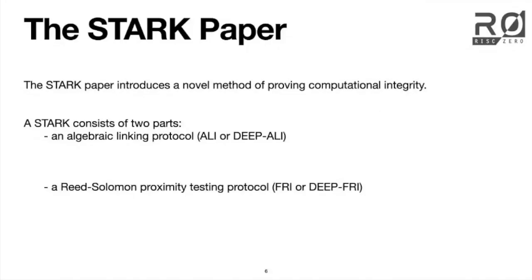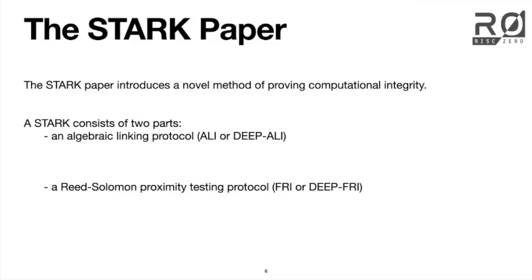The first part is an algebraic linking protocol. And the second part is a Reed-Solomon proximity testing protocol. And I'm just going to leave those as black boxes. I'm not going to talk about what an algebraic linking protocol is at all today. We'll talk a little bit about the idea of a Reed-Solomon proximity testing protocol, because that's what FRI really is.